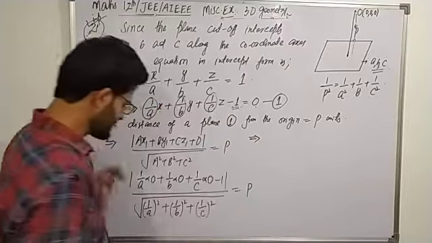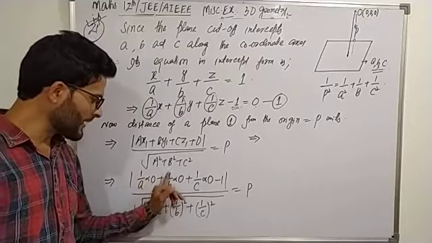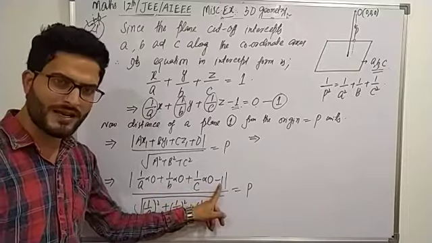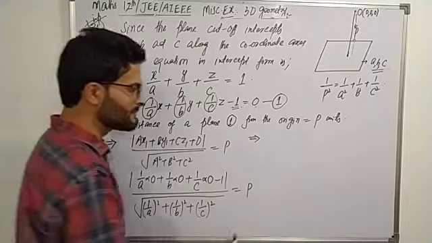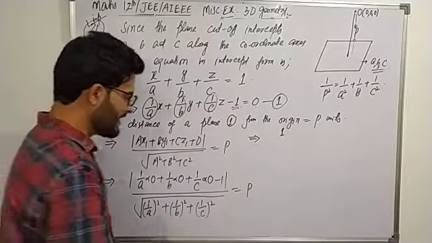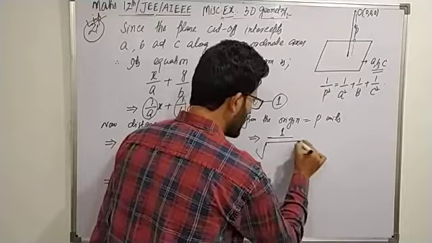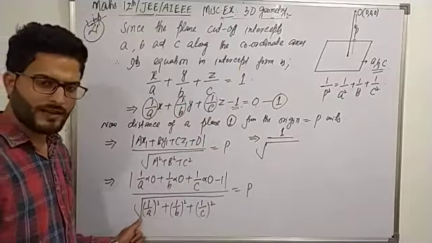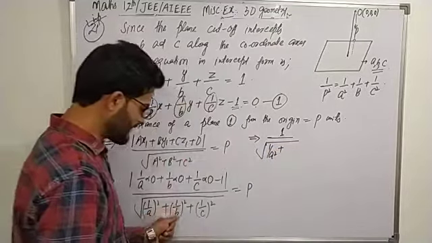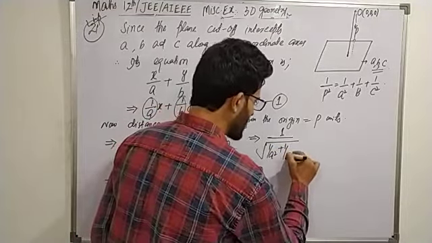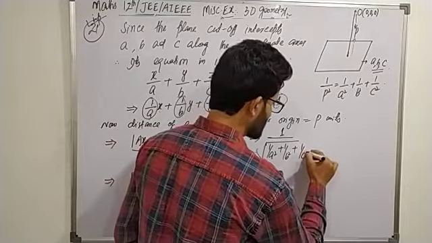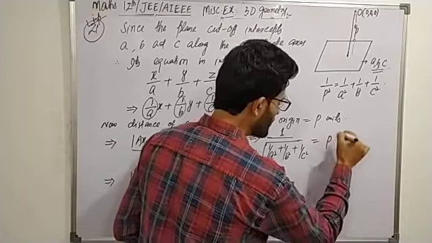This can be written as 1 by a into 0, 1 by b into 0, 1 by c into 0, plus 0 plus 0, into minus 1. Now mod of minus 1 will give us plus 1, divided by square root of 1 divided by a square, plus 1 by b square, plus 1 by c square, and that must be equal to p.